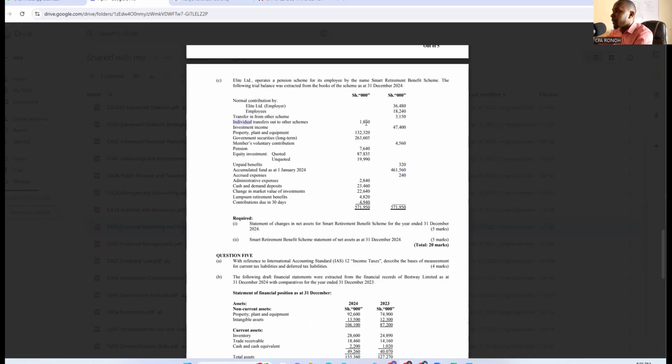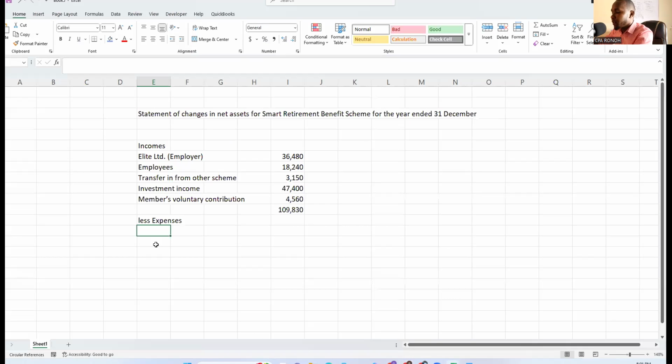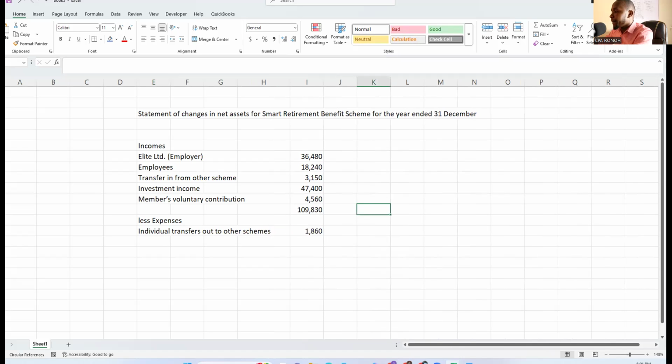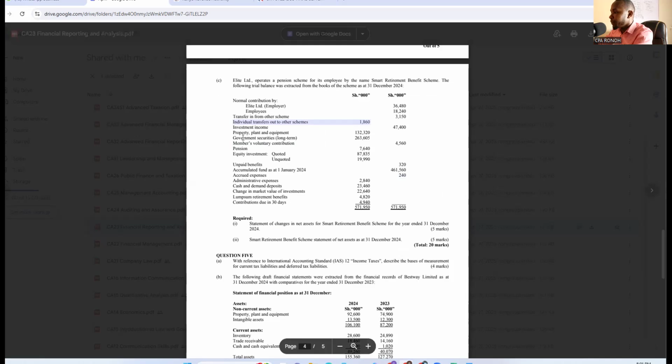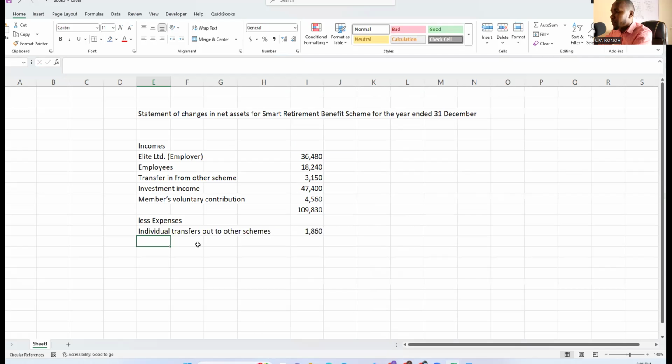Individuals are taking their contribution to another scheme, so that is a cash outflow, which we will subtract here. We'll put it as part of the expenditure. And then we go to the pension. They paid pensions during the year, so that is also part of the expenditure.